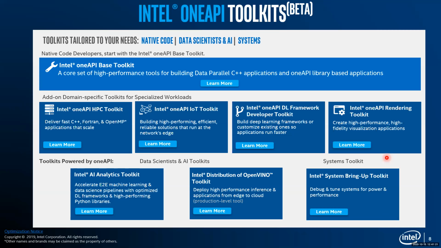And also, in addition, we have an HPC toolkit, IoT toolkits, a deep learning toolkit, and a rendering toolkit. We're going to focus mostly on the base toolkit in this session, but just for information, there is a core oneAPI base toolkit, which contains components used by the broadest range of developers.